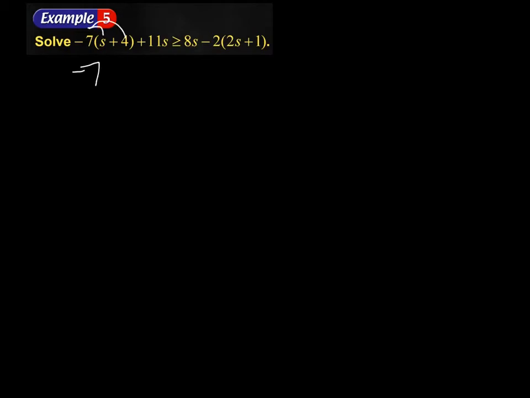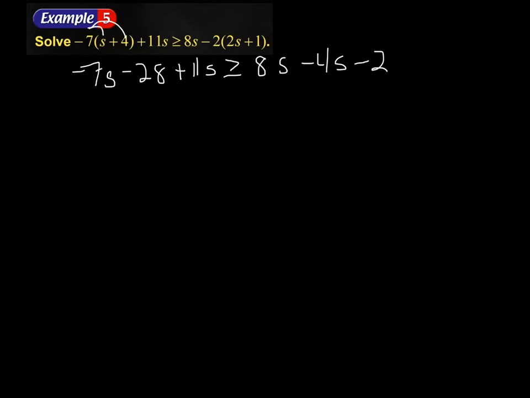And we're distributing again. So negative 7s minus 28 plus 11s is greater than or equal to 8s minus 4s minus 2. Let's combine our like terms.